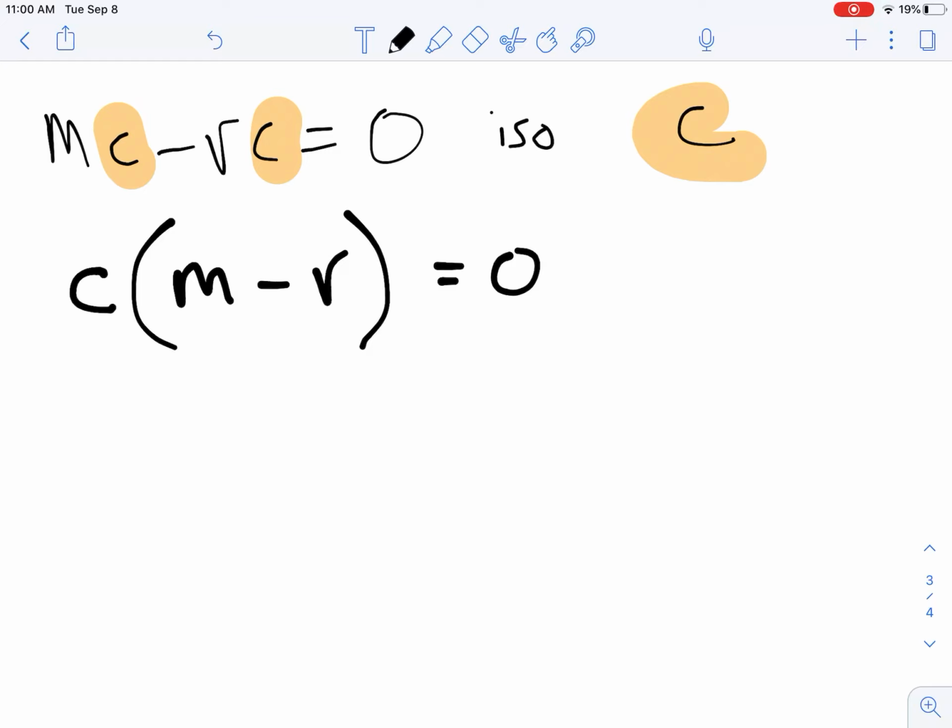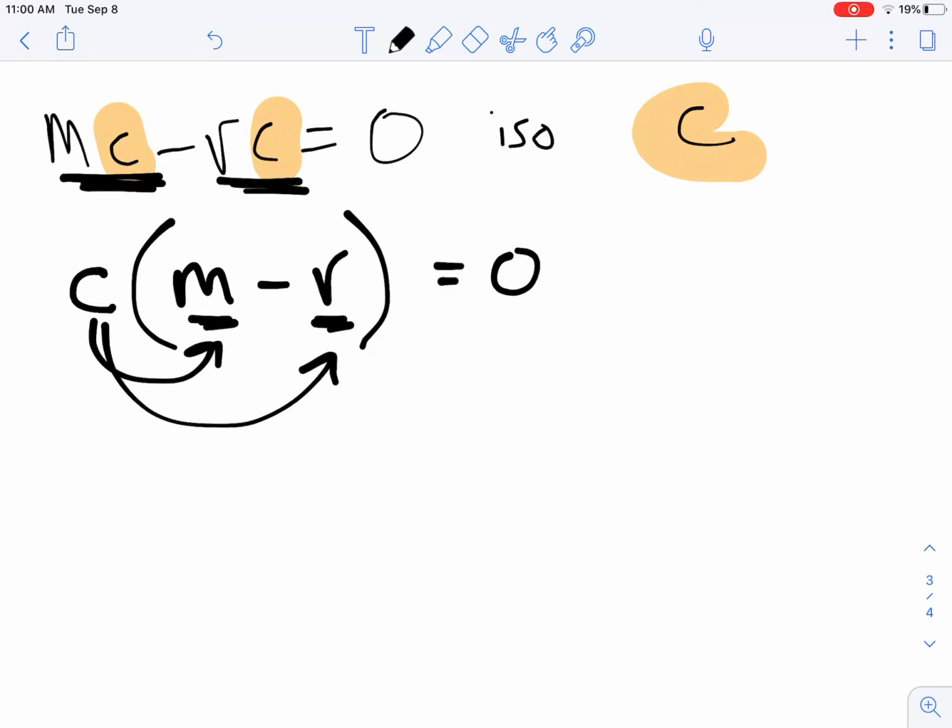So notice I took the C away from this term, and it would just create an M. I took the C out of here, and I just got an R. If I then redistributed this, I would get Cm, or MC, minus RC. So this is called reverse distribution.